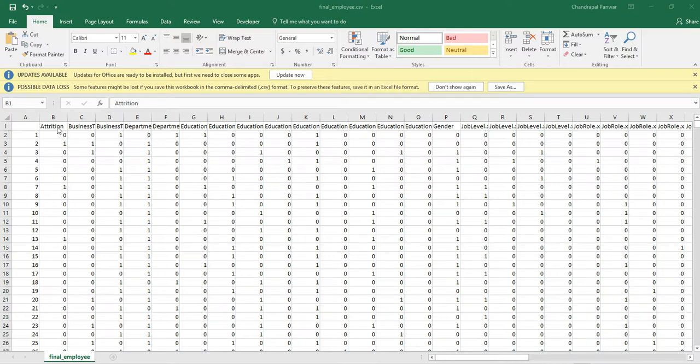So this is the data set. The dependent variable is attrition, and attrition has to be determined based on other factors. If you look at attrition, we find only two values. This is basically a categorical variable, which can have only two values, 0 and 1.